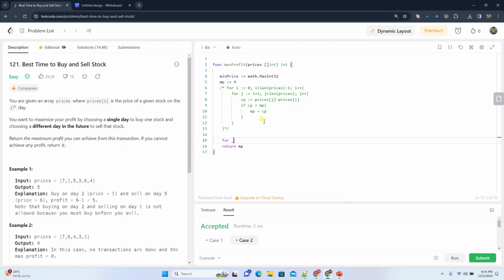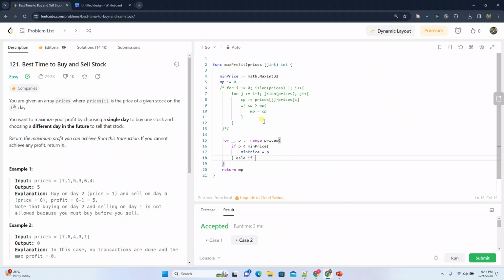What we spoke about is we'll take each element, each price in prices. Here, we check if the price is less than minimum price, then we initialize min price with the current price, right?